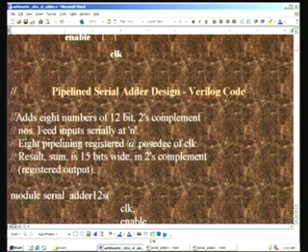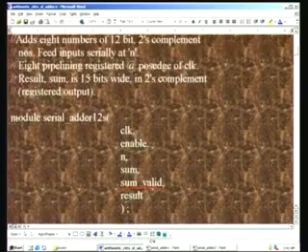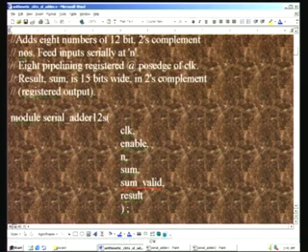It has basically 8 levels of pipelining, and this registering will happen at the positive edge of the clock, and out comes the result. There are 2 ways of expressing the result, either as a sum or as a result. The difference we will see as we progress further, and naturally it will have to be 15 bits wide and in 2's complement, and this is going to be a registered output.